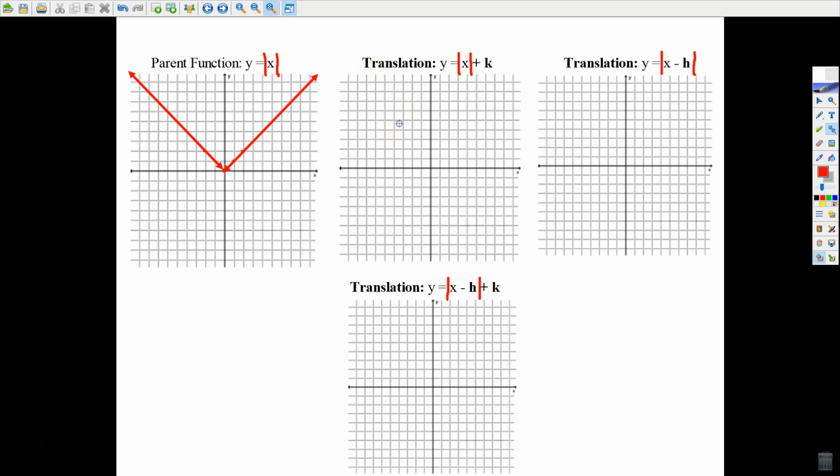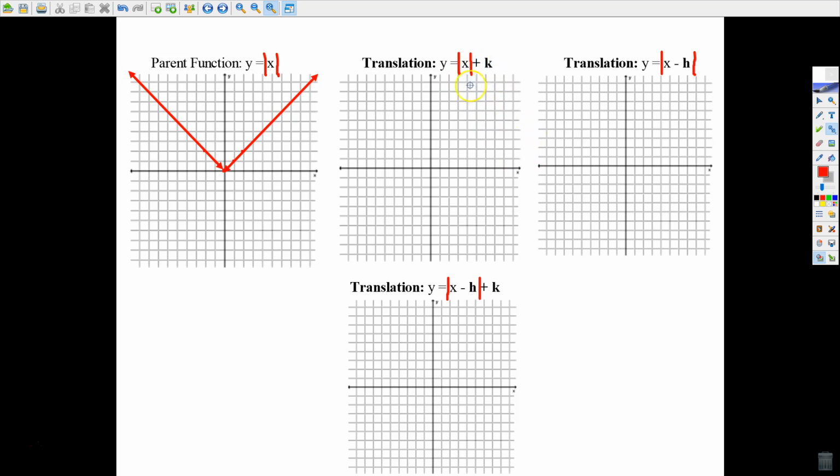Okay, well let's talk about how we shift or translate this absolute value parent based on these numbers that we're identifying as k in my first example, and then we'll talk about h over here in this other example. Let's start with this k. Notice that k is some number that I'm showing addition, but it could be adding a negative, which is the same thing as subtracting.